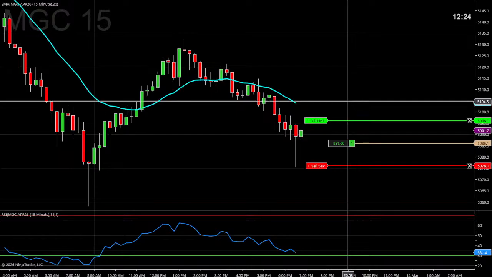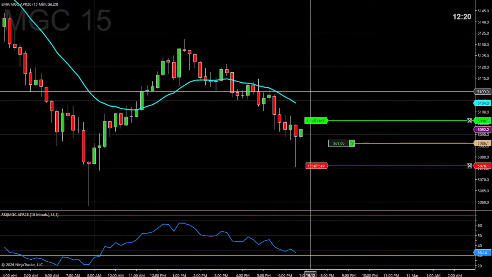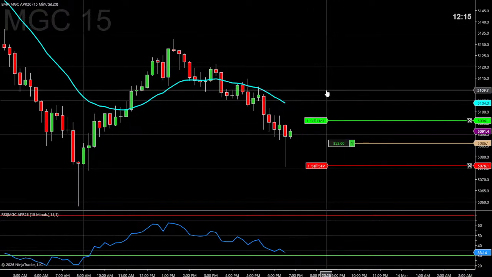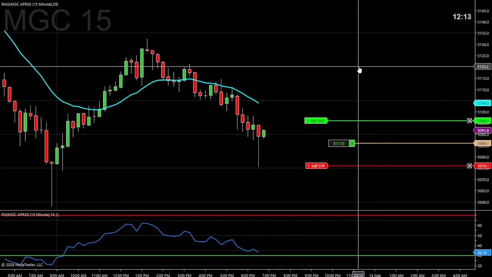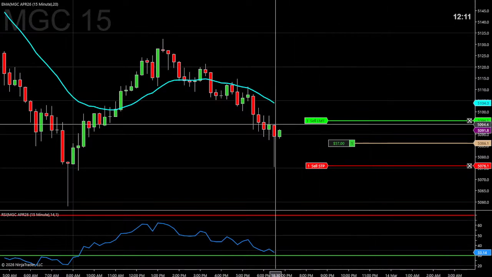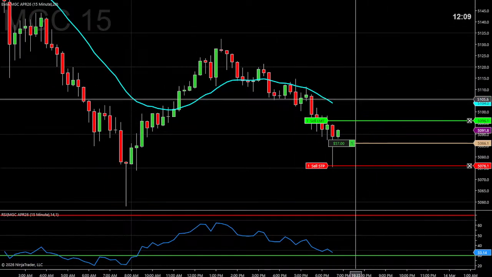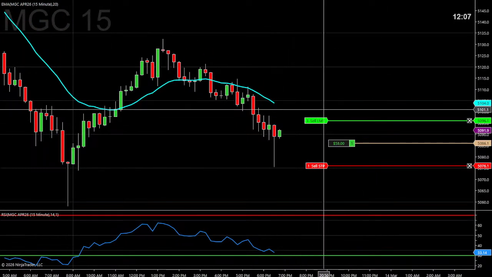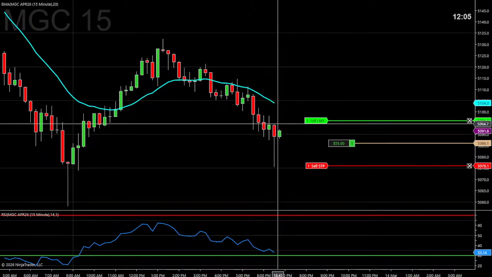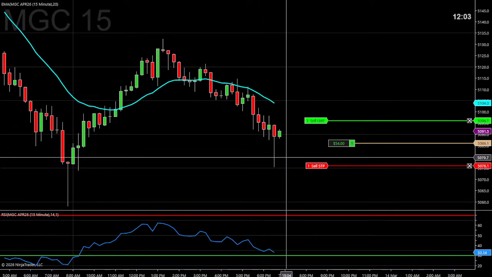Back in its 50s. I think either this candle or the next is going to break that high, and once it reaches the take profit, then it has broken that high. That take profit is above that high.